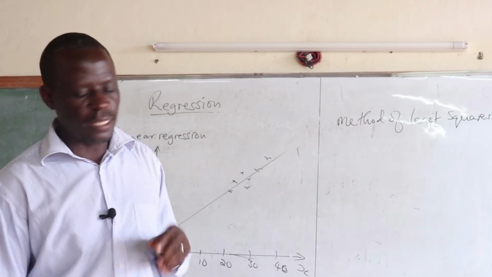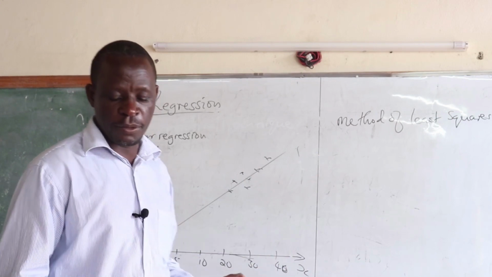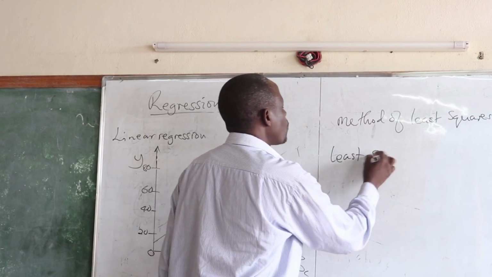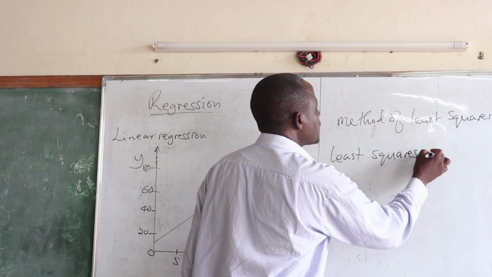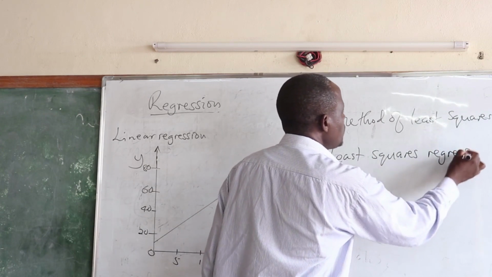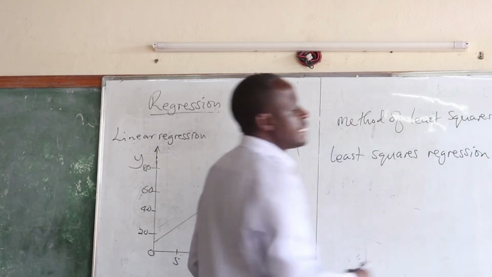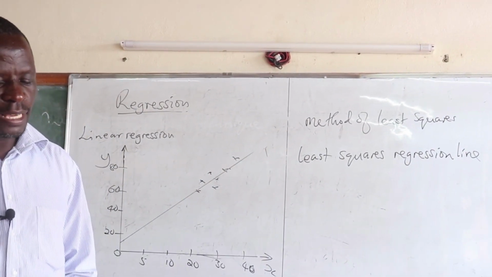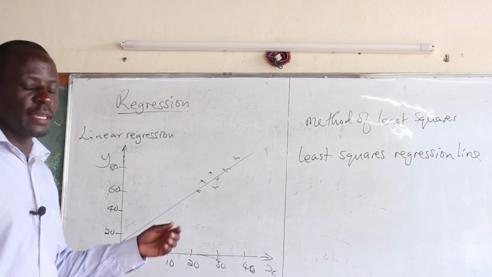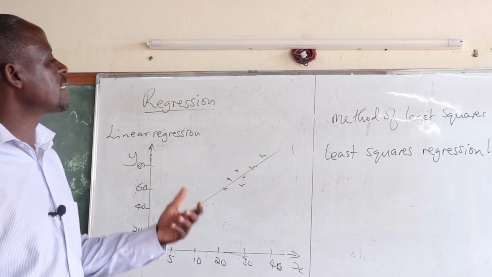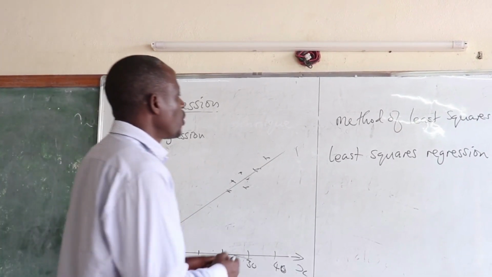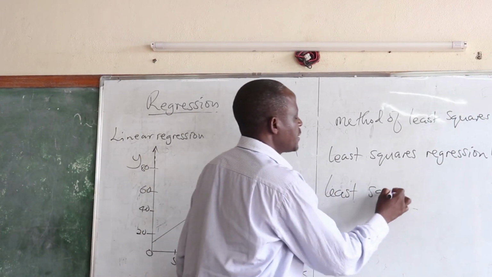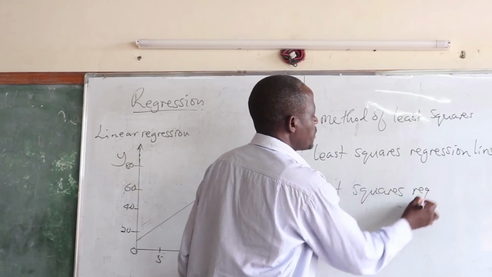With the method of least squares, we fit the line, and this line is called the least squares regression line. It's the line that you fit using the method of least squares. The method of least squares is carried out by getting the least squares regression equation.